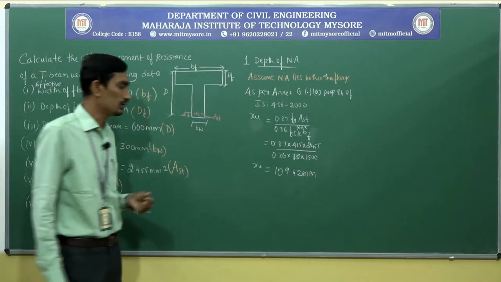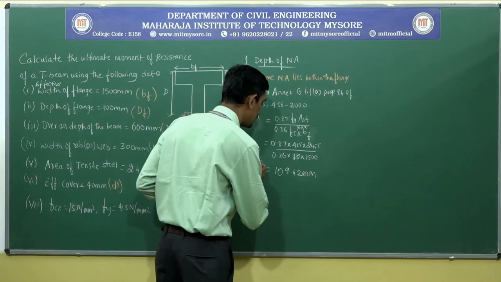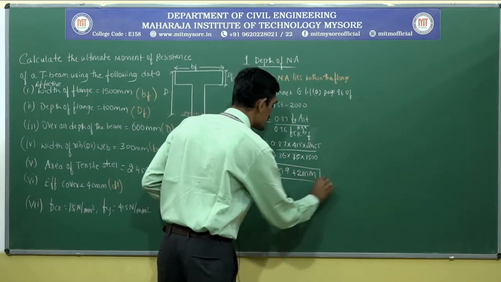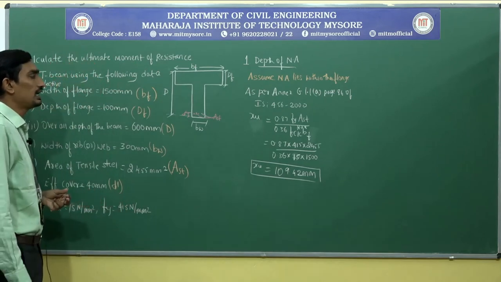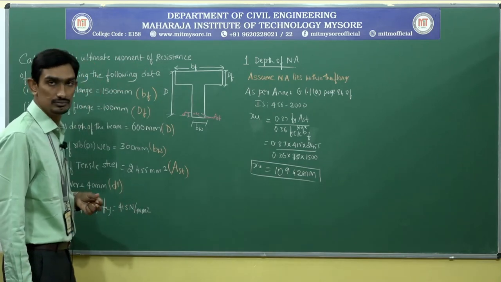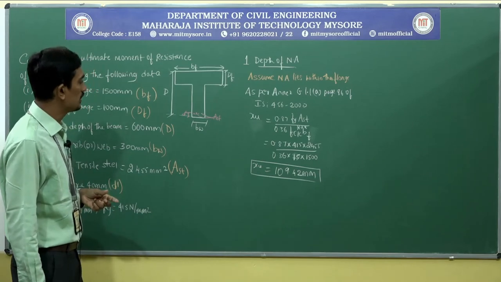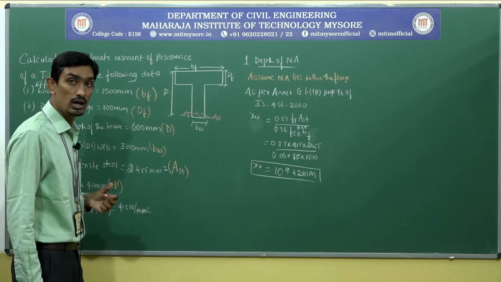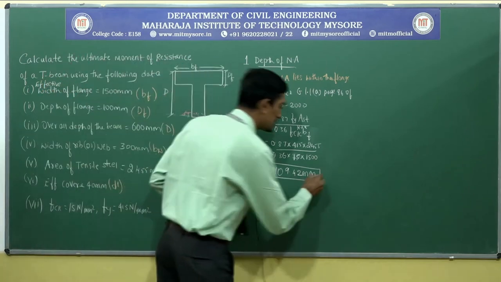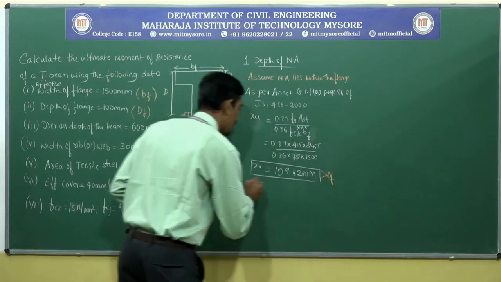109.42 millimeter. So this XU, now let us check whether the calculated XU is greater than DF or less than DF. You can see the depth of the flange is 100 millimeter, but XU is 109. That means XU is greater than DF.